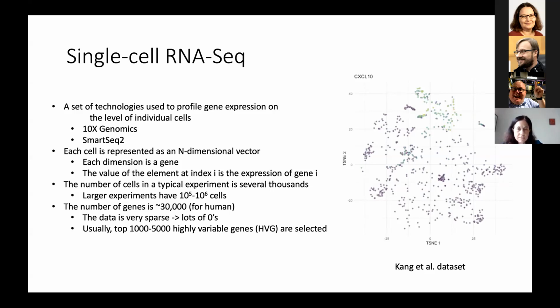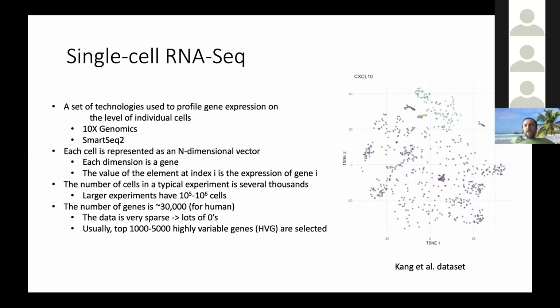So single-cell RNA-seq data sets nowadays are so-called large-scale data sets, and they usually have tens of thousands of cells in one experiment. In current experiments, people are dealing with millions of cells.